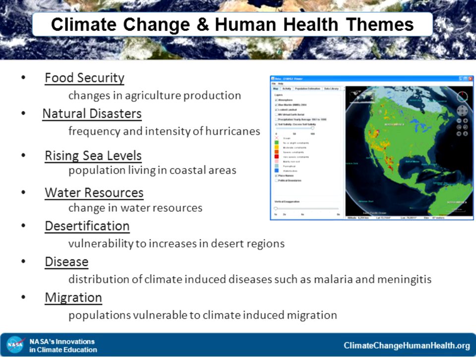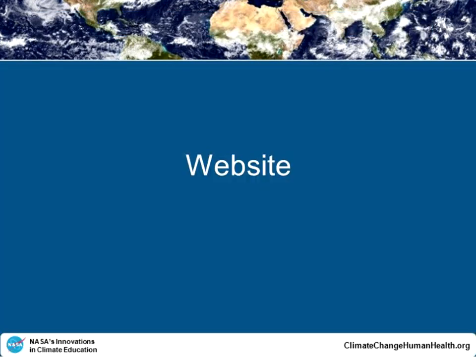Looking at a change in water resources will impact desertification, but it will also impact food security, and it might cause climate-induced migration as well. But stepping aside to look at just one of these issues using the Change Viewer, these are the themes that we're developing the activities for.